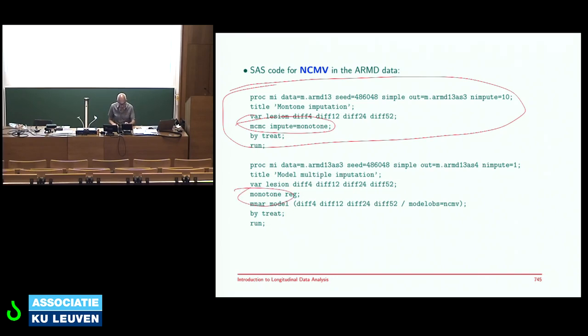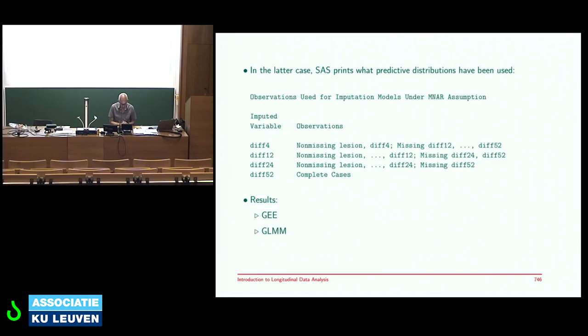So here at the top, you go from non-monotone to monotone. In the second, you go from monotone to complete, but here you apply an adjustment and you say, I'm using the NCMV restrictions. Incidentally, whereas in old days, you had to do all the NCMV programming yourself, it's now just one single option in the new MNAR statement. Okay, SAS actually prints out what it's doing. It tells you what it's doing.